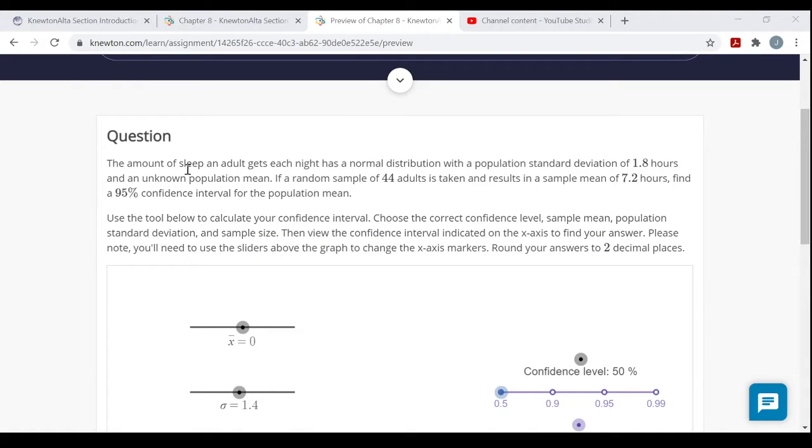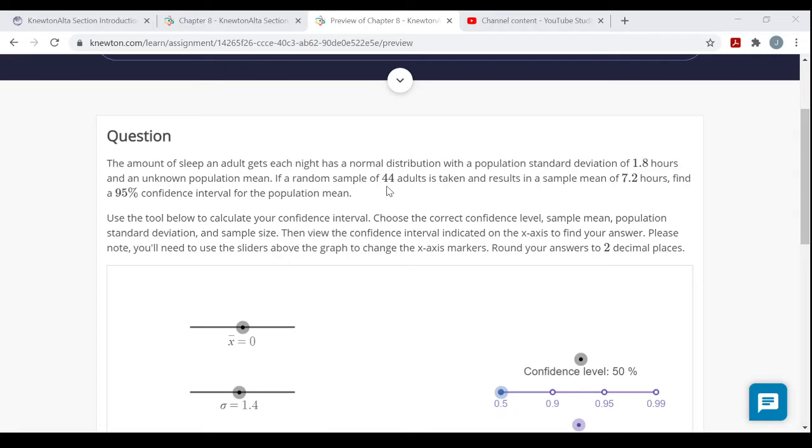The amount of sleep an adult gets each night has a normal distribution with a population standard deviation of 1.8 hours and an unknown population mean, right? So sigma is known, 1.8, the population standard deviation, but mu is unknown, the population mean, the average amount of sleep all adults get.